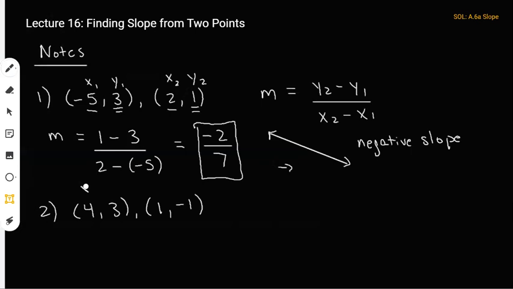So this one is going to be an x value, the 4, and this is going to be the second x value, which is 1. So I've got x1 and x2. Next, I want to label my y values. My first y value is going to be 3. And my second y value is going to be negative 1.